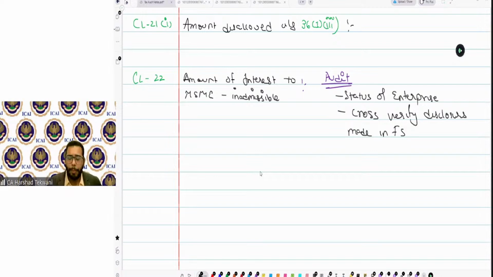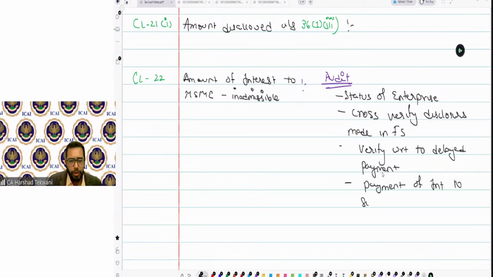Once you obtain that list, you need to verify delayed payments made to such suppliers, then verify payment of interest to such MSMEs, and accordingly decide whether this amount becomes inadmissible or not.